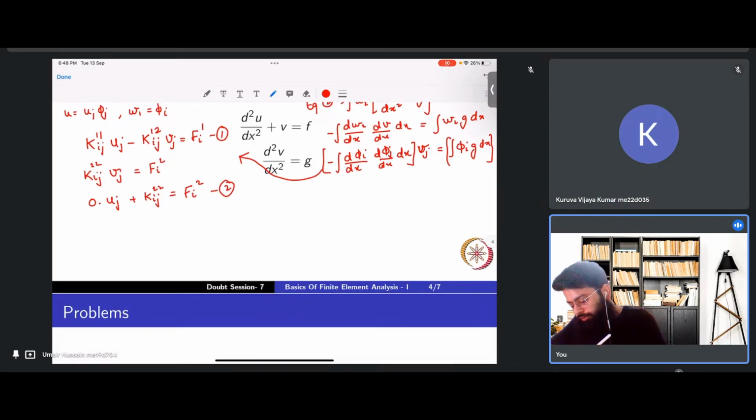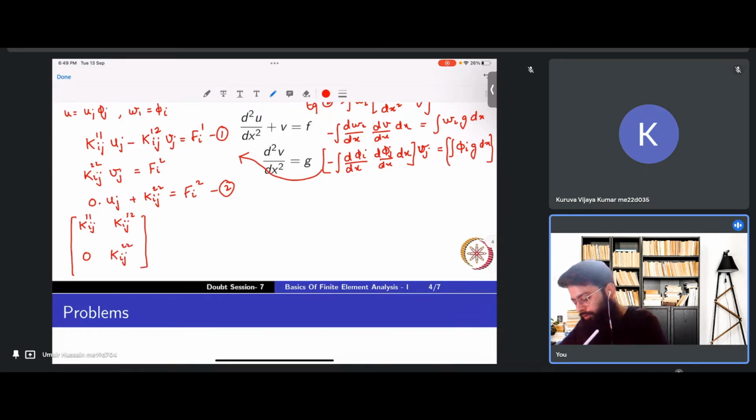At the end, how do we combine the equations for multivariable problems? We just combine all the different stiffness matrices. So we have kij 11 here, kij 12 here, we have 0 here, we have kij 22.